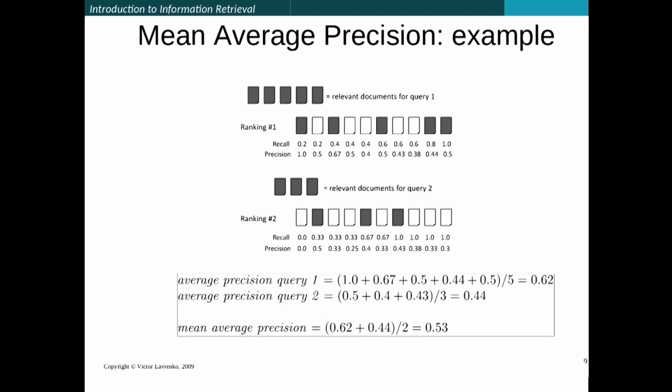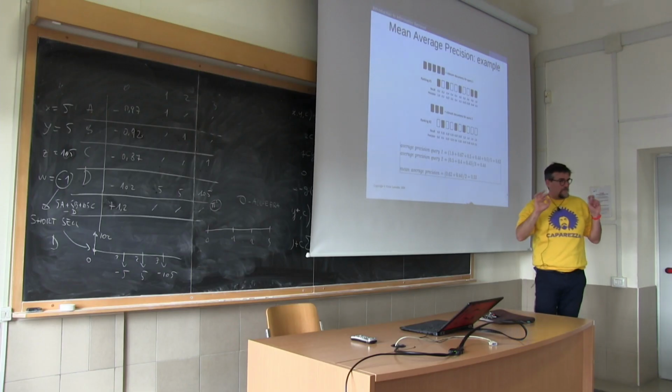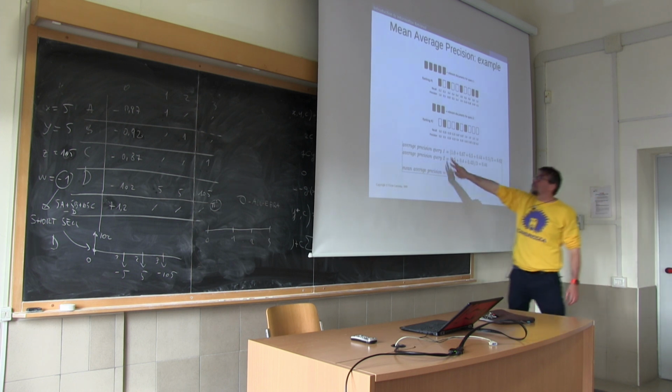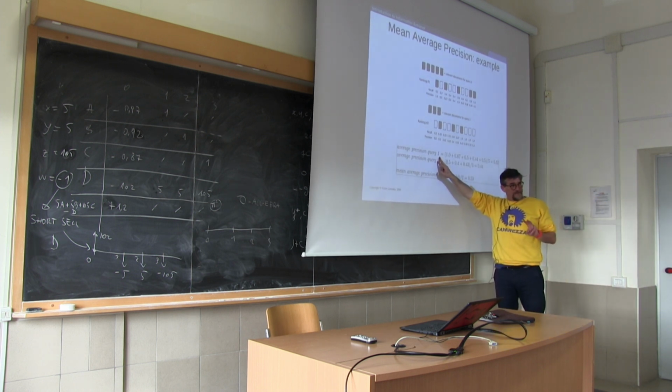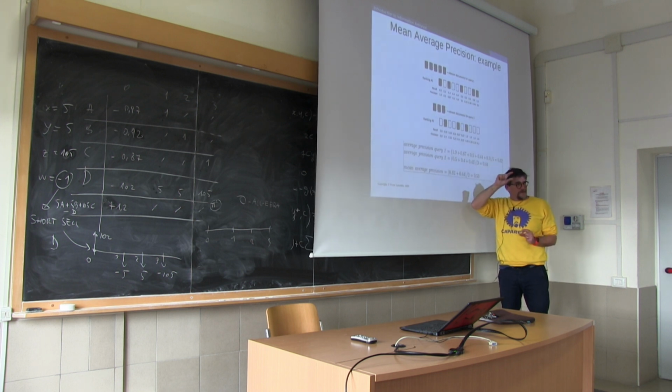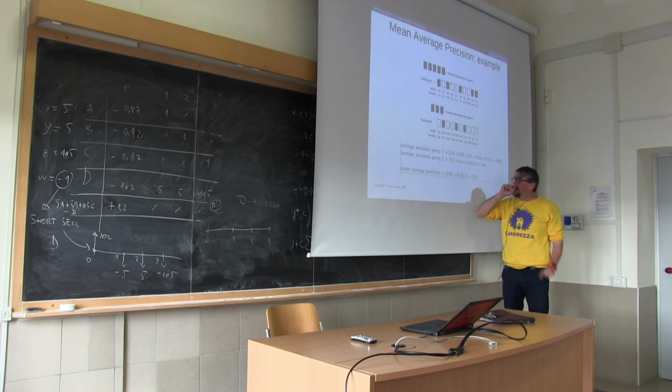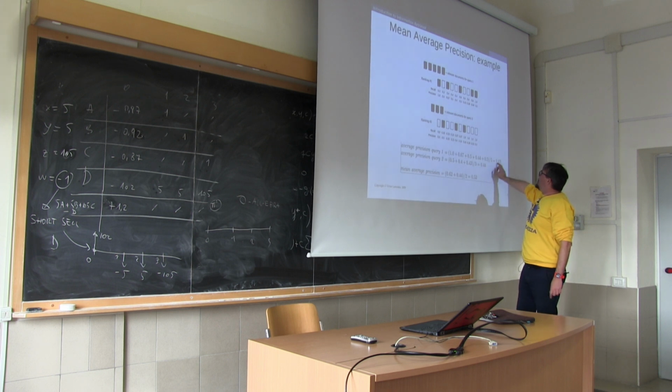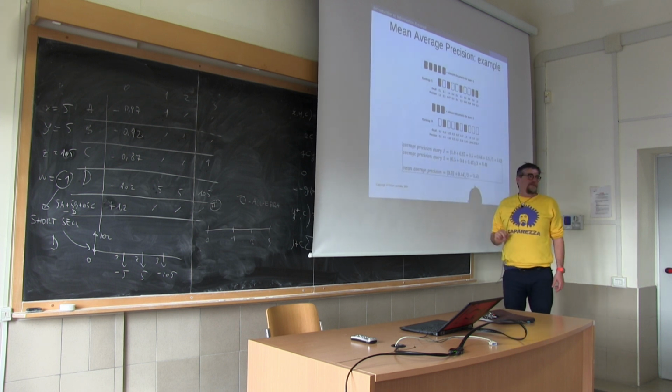And the average is simply the sum divided by the number of documents. So this is the average precision of query number 2 for the two systems. We have two systems that we want to compare, and we have two queries now. Two systems and two queries, while before we had two systems and one single query with two different rankings because of the two systems. Now we get this average precision for query number 1 and query number 2.